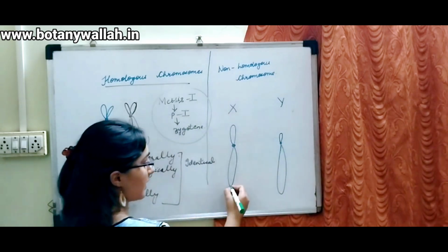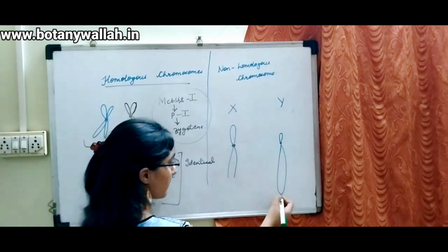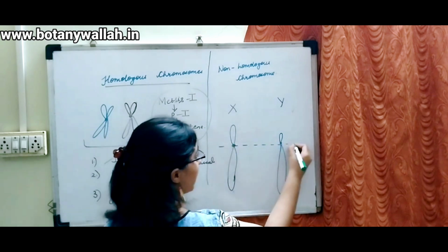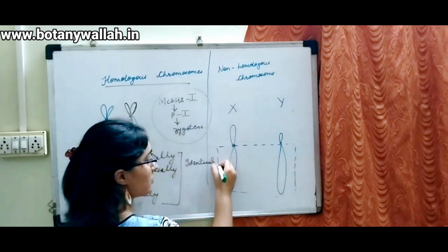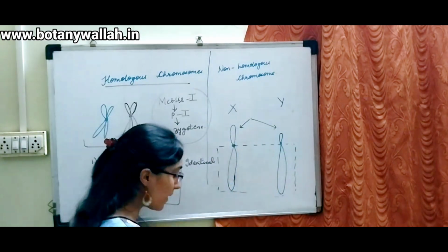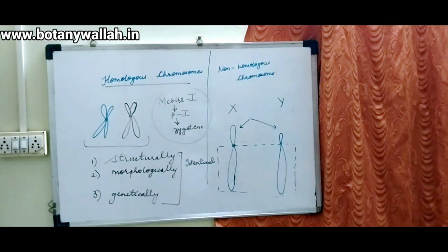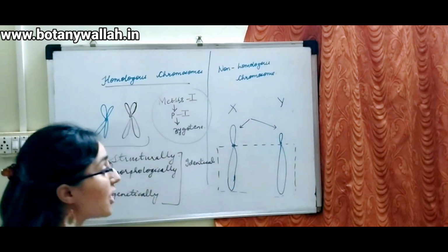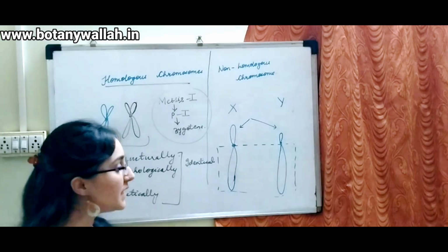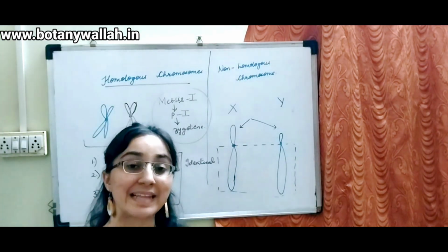So if you can see that this much part of both the chromosomes is the same, but the upper part is not the same. मतलब ऊपर का जो पार्ट है वो साइज में सेम नहीं है, नीचे का जो पार्ट है वो साइज में सेम है, meaning structurally and morphologically they are identical.